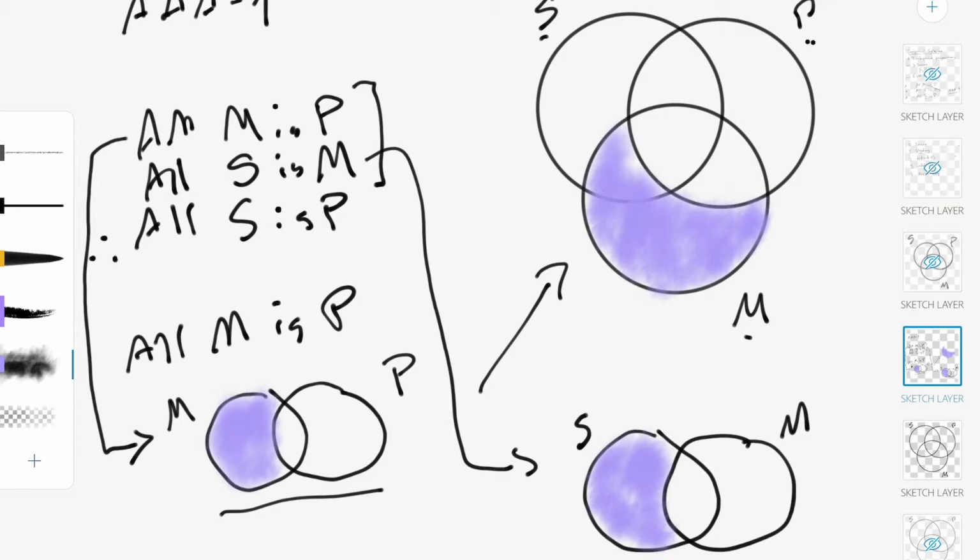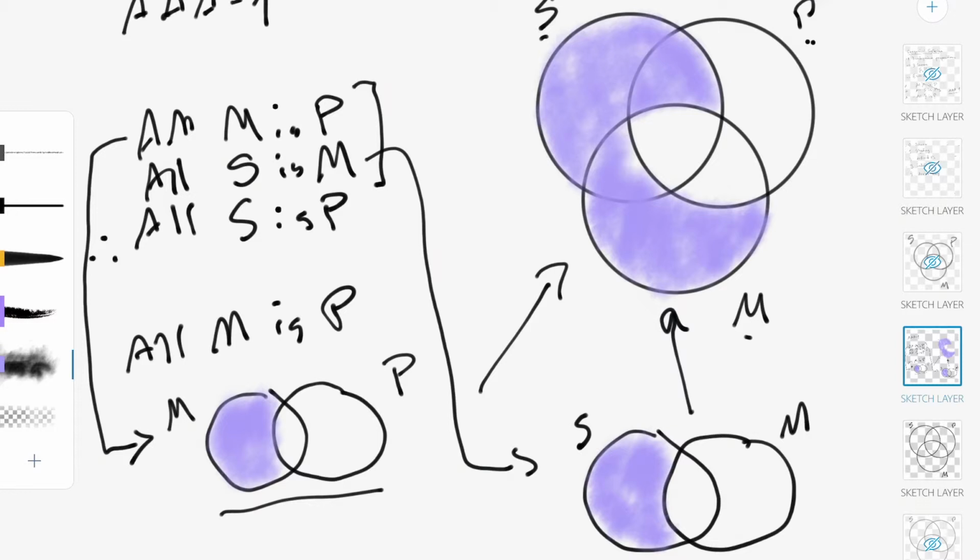So now what we want to do is superimpose this information on the diagram for the categorical proposition. And so the way we do that is to shade the region of S outside of M, ignoring the P circle. So notice I'm shading all of this region of S outside of M to illustrate that all S's have to be M's.